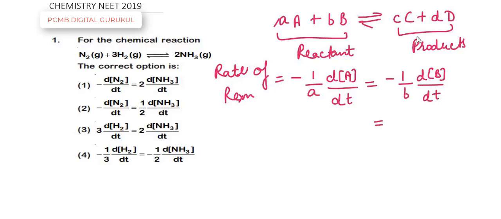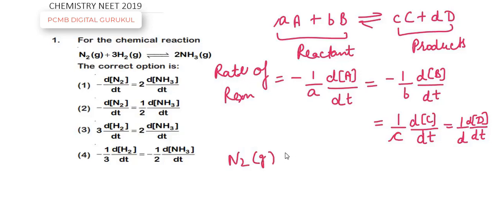Or we can also express the increase in concentration of C, because C is a product here, so we can write 1 by c, this is small c and this one is capital C, dC by dt, the change in concentration of C with respect to change in time. And we can also express it like 1 by d, change in concentration of capital D divided by change in time. Now by using this general expression, we can also write the rate of the given reaction.